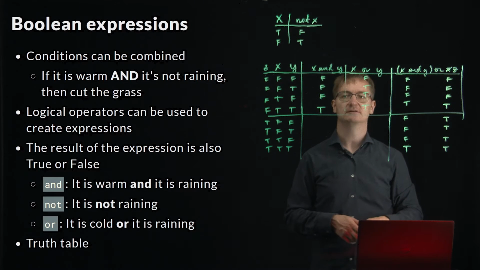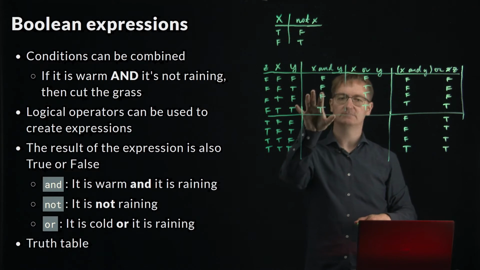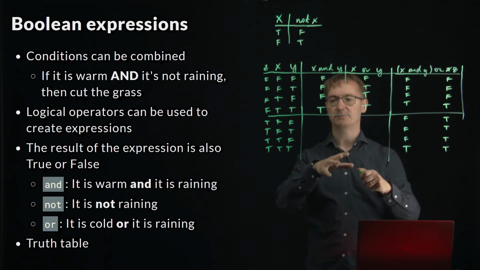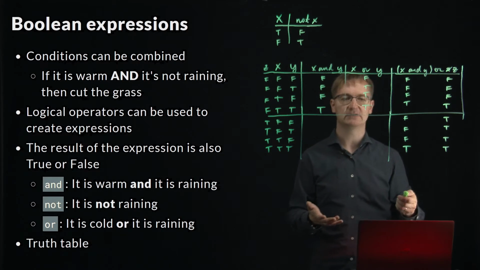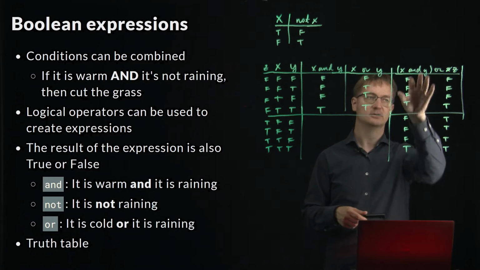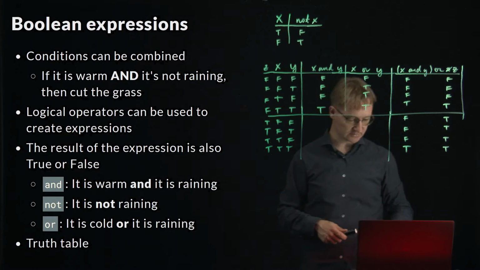So it's recommended to use simpler conditions and maybe combine them in different statements, but in certain cases you don't have any other option than to just write those complex conditions.